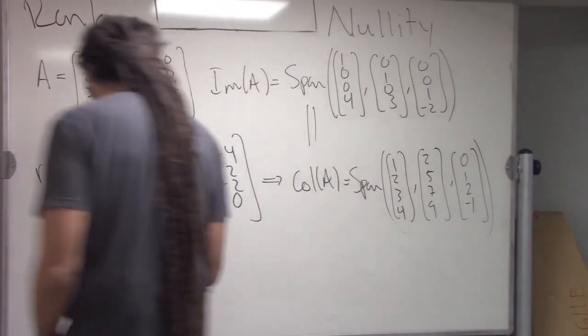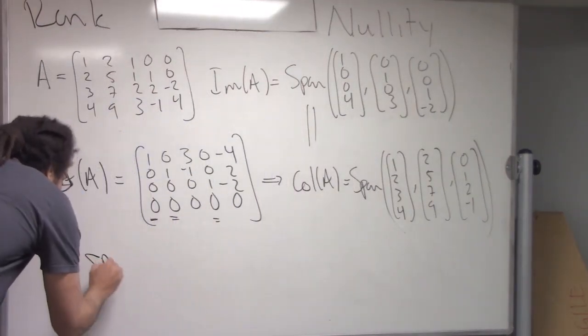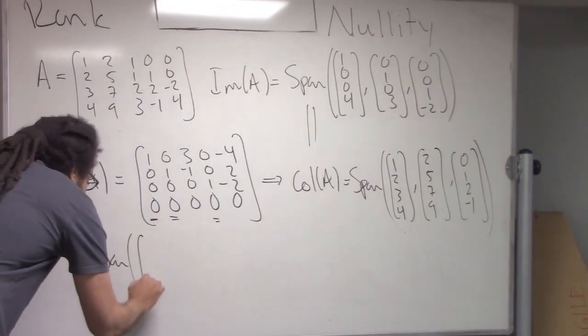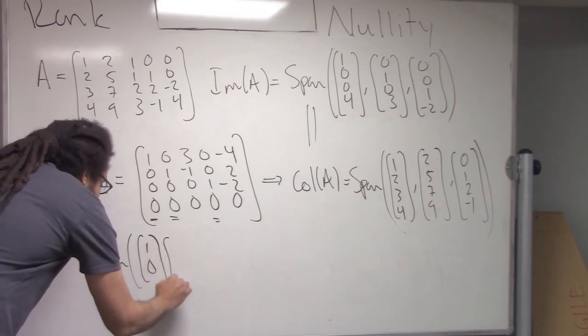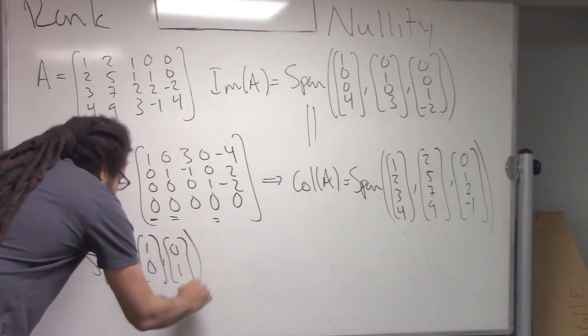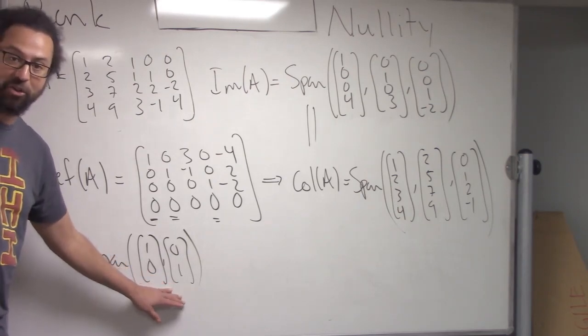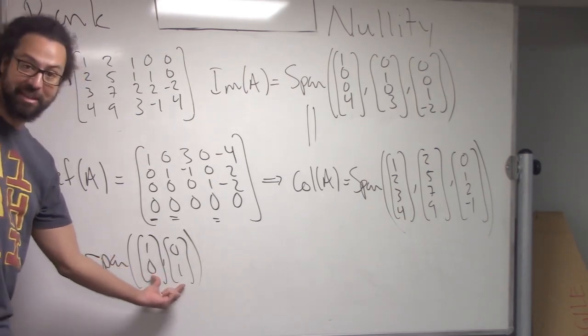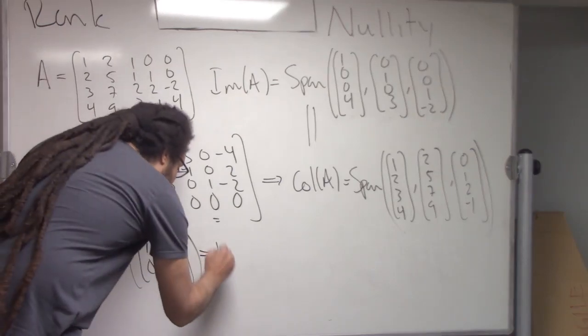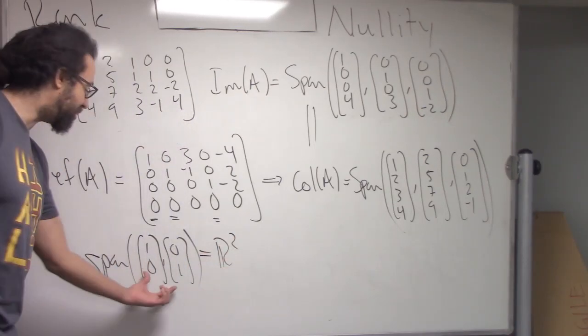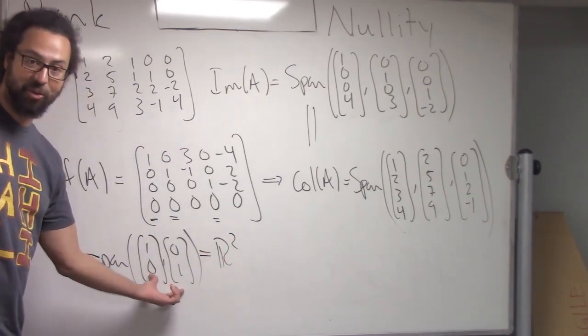So for example, we know that the span of (1, 0) and (0, 1), if you just look at all the reachable points in R2, everywhere you can get to using these, that's all of R2. But we can use other spanning sets to reach all of R2.